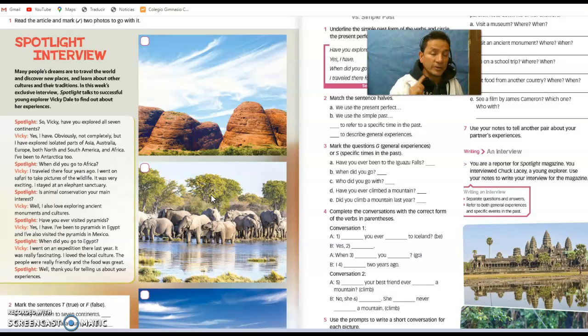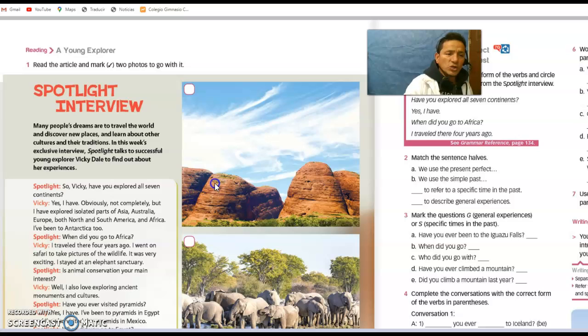Activity number one, don't forget, is necessary because it's good for you. Talking about reading, if you want to read in English, what you definitely need to do is to look for words, I mean, vocabulary. If you have vocabulary, you can read in English. If you don't have it, it is impossible.